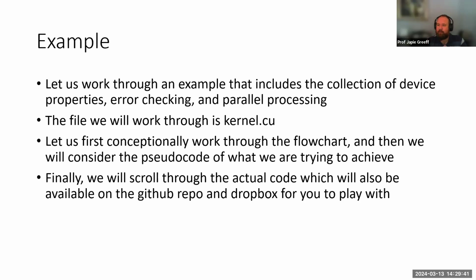And then we will go through pseudocode, just so you can see how the things are structured in code. And then finally, we will go through a little bit of a review of the actual code. And that is also the code that you will find available on the GitHub repository and the Dropbox that we will share. So if we look first at the flowchart.